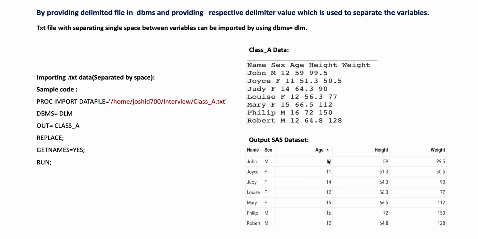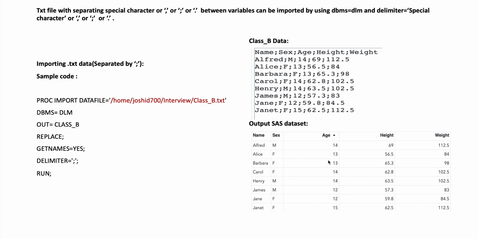Let me explain second example. In case of second example, we have used semicolon to separate variables. In proc import, datafile, we provide file location with extension, dbms dlm, out class b, that means SAS dataset, replace, getnames yes.